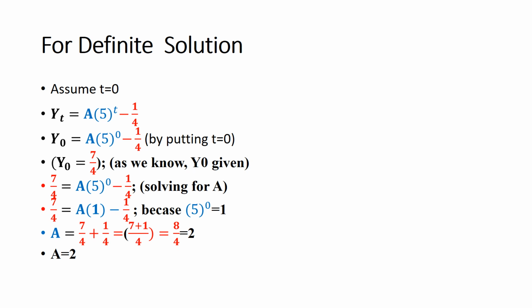So A is equal to 7 by 4 plus 1 by 4, by taking the LCM, 7 plus 1 by 4 is equal to 8 by 4 is equal to 2. Here we find the value of A. So A is equal to 2.